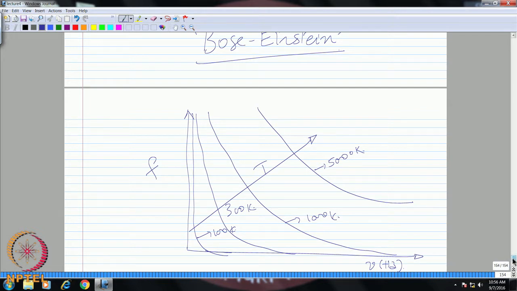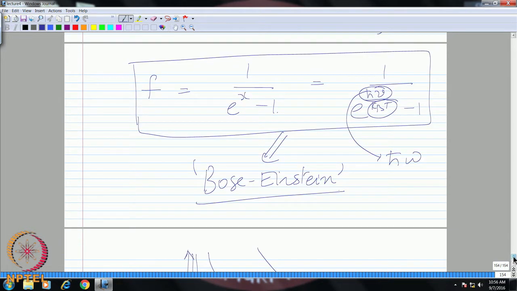Once again, similar to the Fermi-Dirac case. For the limiting case where you have h nu much greater than k b t, this term will be significant over 1. So, this will simply reduce to e power minus h nu by k b t, which is nothing but again Boltzmann distribution.